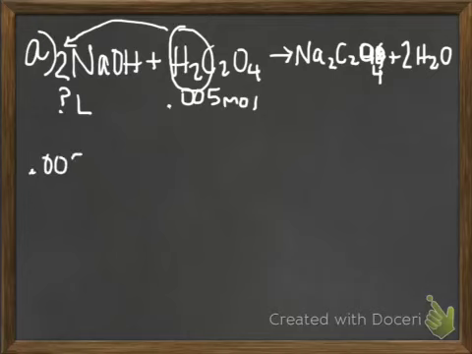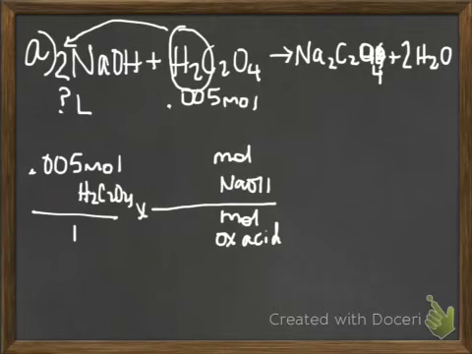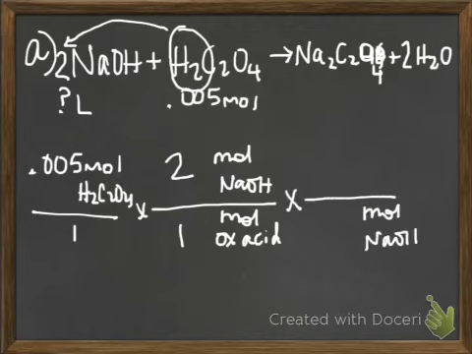So 0.005 moles of H2C2O4 over 1. We bring that down, moles of ox acid, that's easier. Then we go to moles of NaOH, using the mole ratio, 2 moles to 1 acid. Finally, we want to go from moles of NaOH to liters of NaOH, and the way we go from moles to liters is using the molarity.